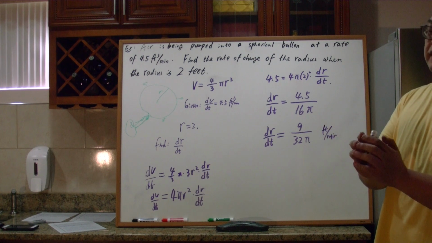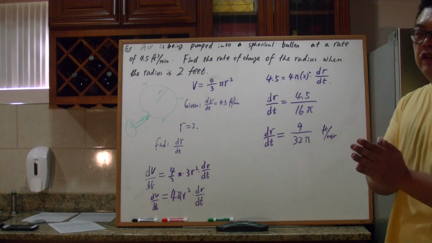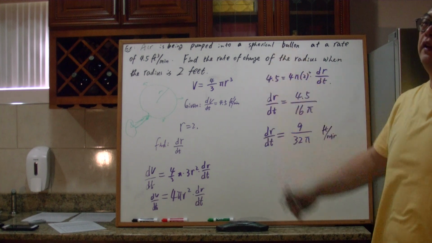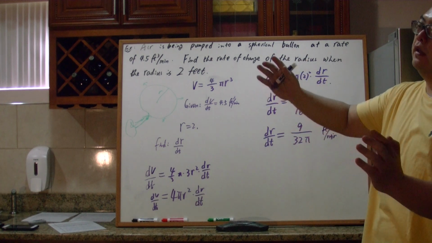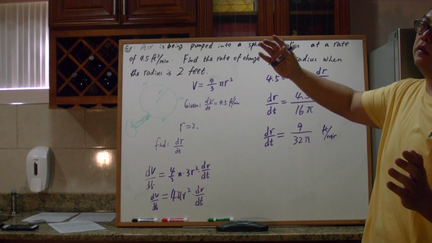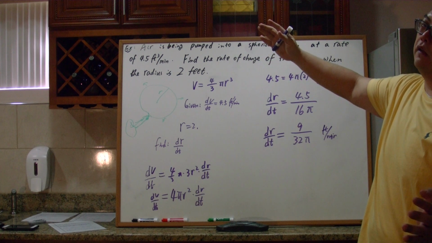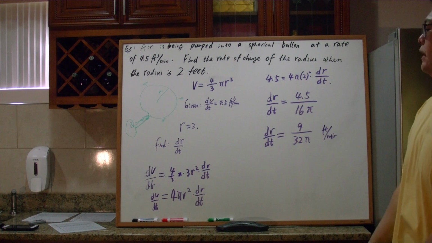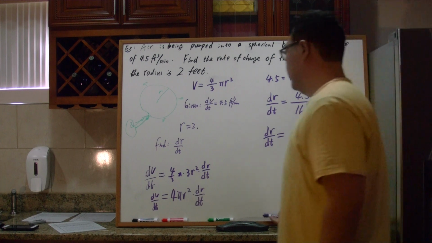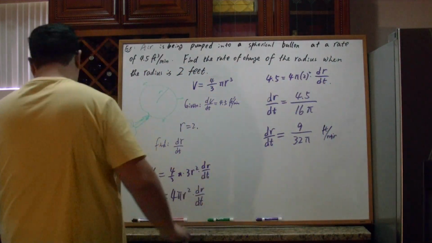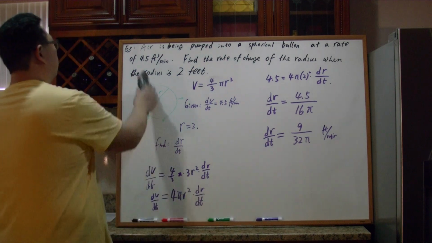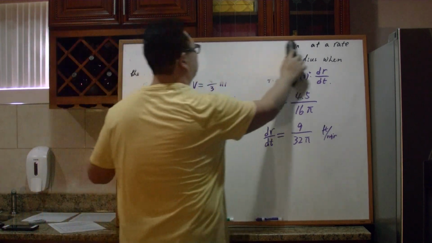It makes sense: initially the radius will change very fast, but as time goes on and the radius gets big, the rate of change of the radius will get relatively small. So 9 over 32 pi is about 0.09 feet per minute.